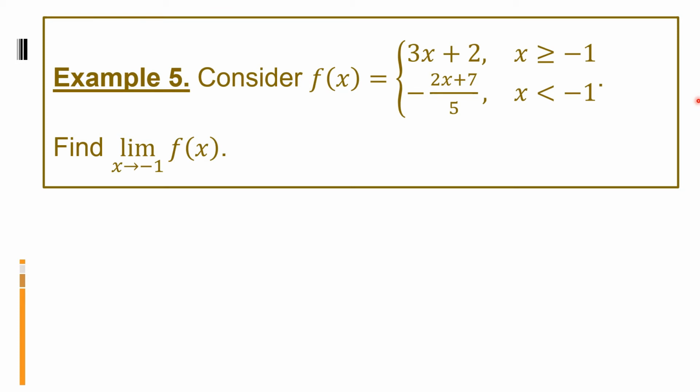So since alam natin na yung limit describes the behavior of the graph from the left and from the right values of a, then dito, makikita natin na yung values of x na nasa left at nasa right ng negative 1, nahati siya into two function values. So yung mga greater than negative 1, ito yung function value nila. Yung mga less than negative 1, ito yung function value nila.